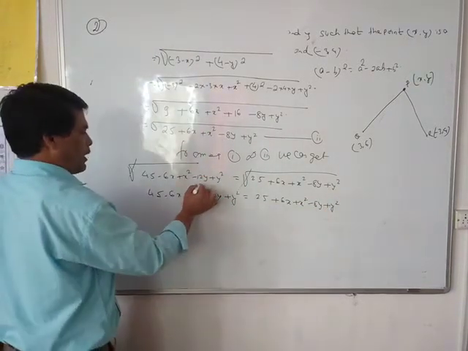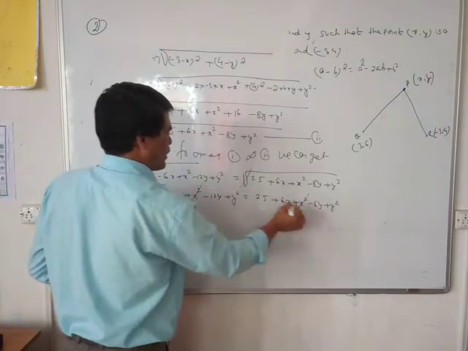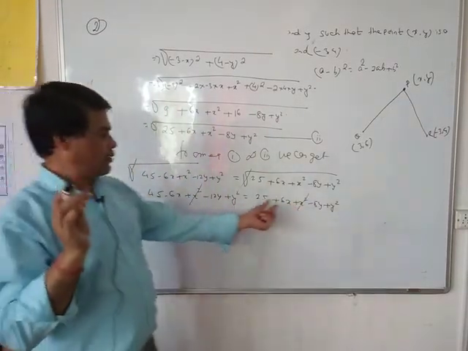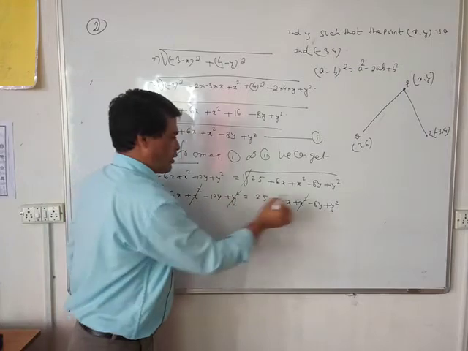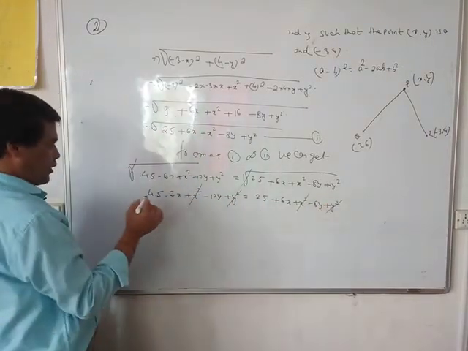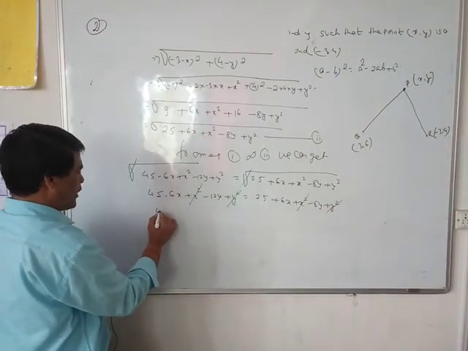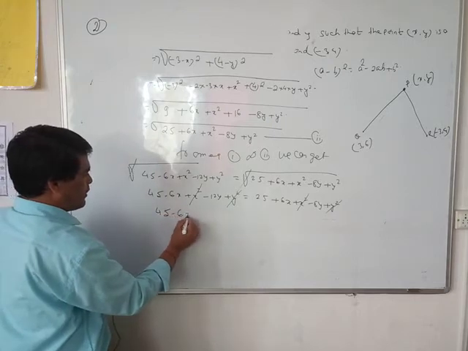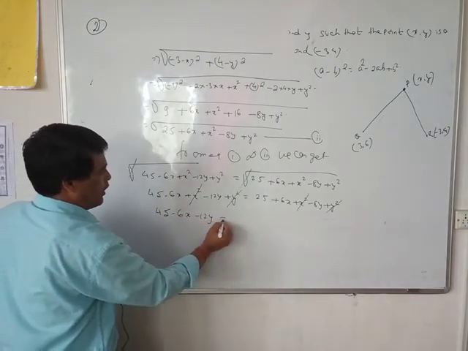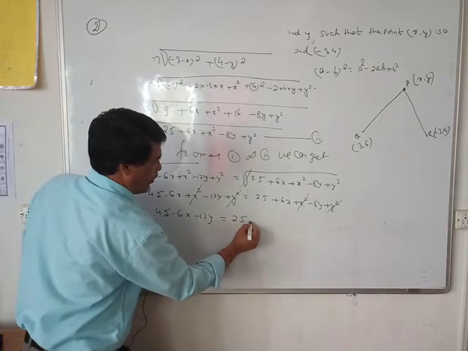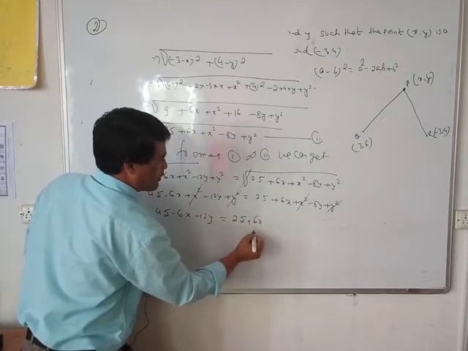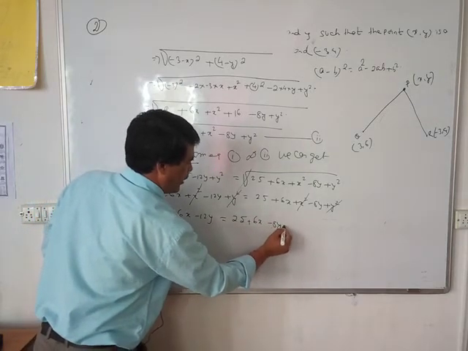Then we cancel like terms on both sides: x square is cancelled and y square also cancels. Then what remains is 45 minus 6x minus 12y equal to 25 plus 6x minus 8y.